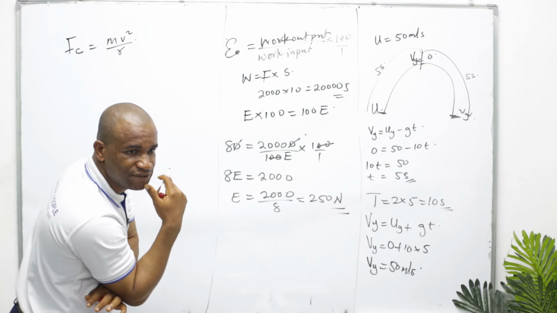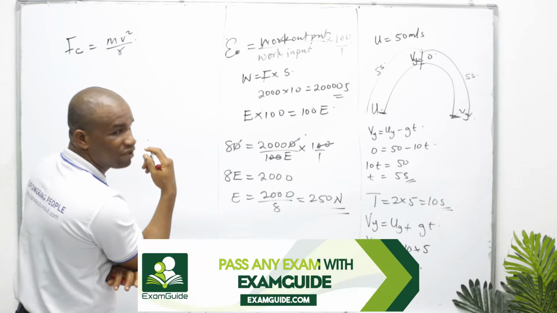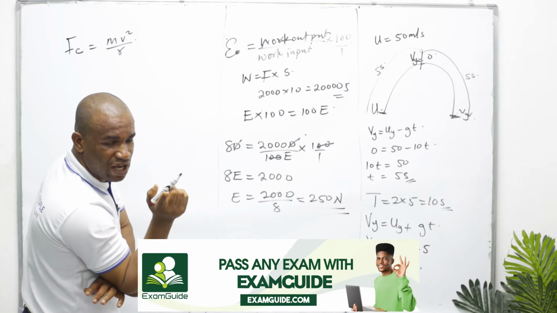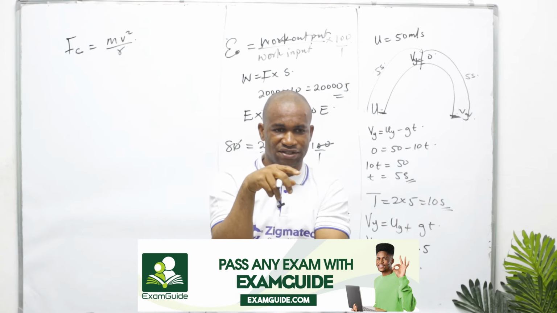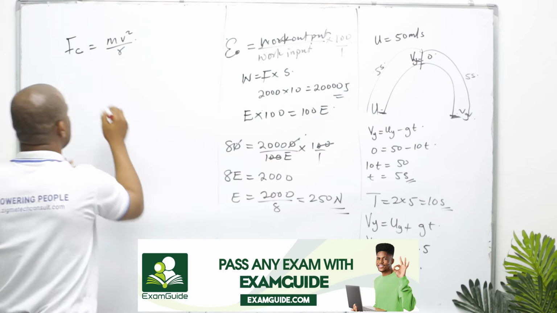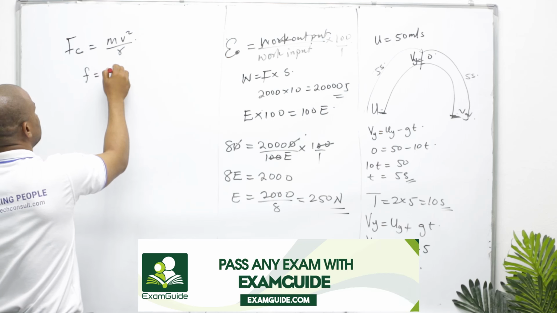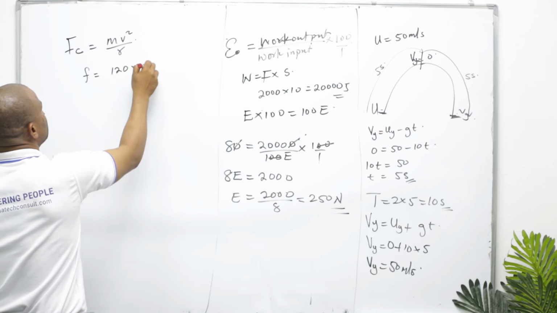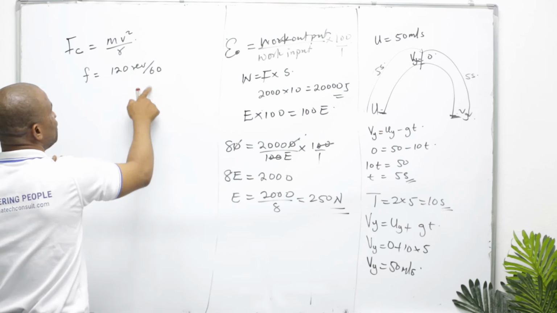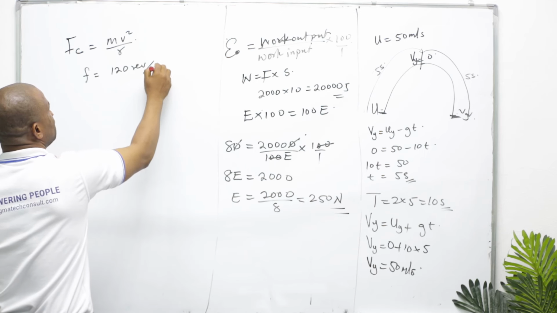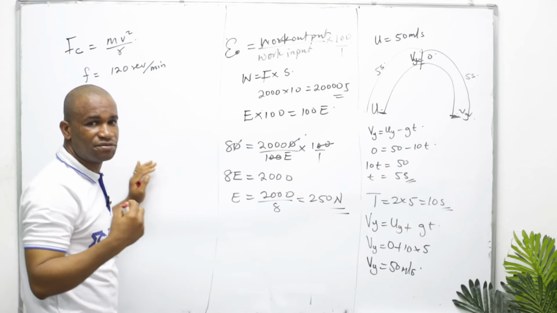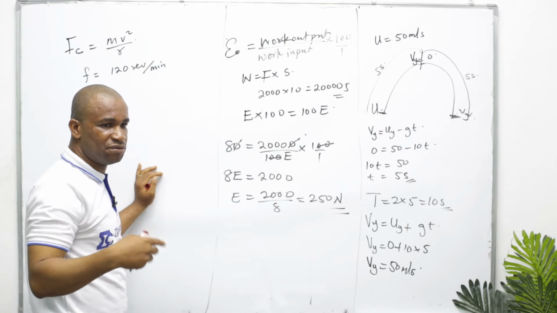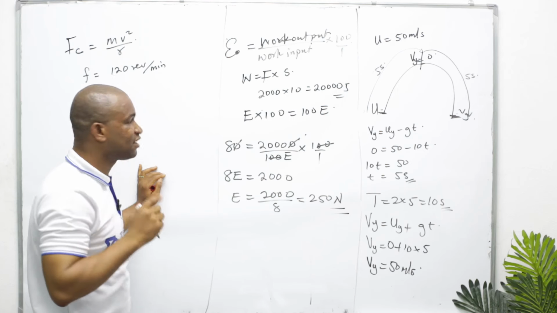Now, there is a frequency there, because we have the number of revolutions per minute. Frequency is equal to 120 revolutions divided by 60. If I can convert minutes to seconds, then I have found the frequency, because frequency means the number of revolutions per second.